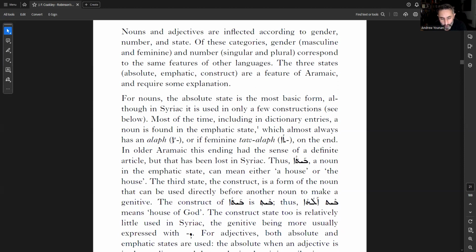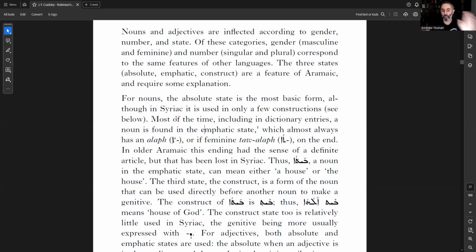For nouns, the absolute state is the most basic form, although in Syriac it is used only in a few constructions, see below. So the most basic form doesn't mean the standard. It means the most contracted, the smallest form. Most of the time, including in dictionary entries, a noun is found in the emphatic state, which almost always has an alaph, or a feminine tau alaph.